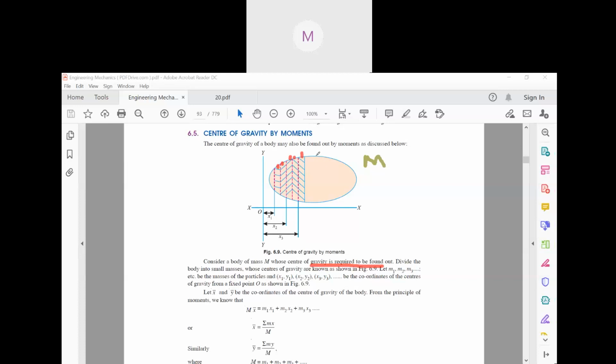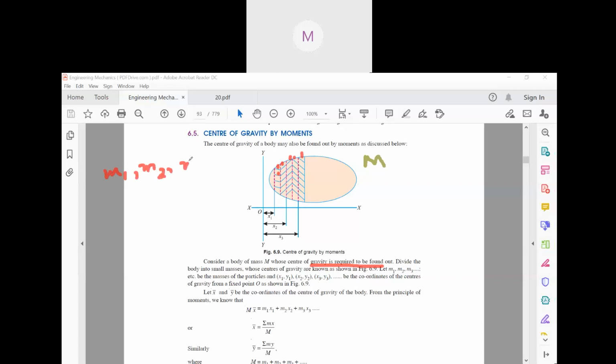When we divide the body into small masses, then what happens? Suppose this small part, we can think of it as m1. Then the next one we can think of as m2.